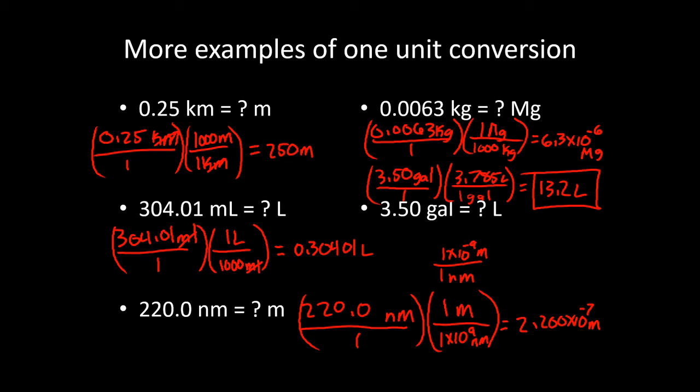But in the English system, none of the conversion factors are like that. They're all over the place. It's a different number of teaspoons in a tablespoon than there are tablespoons in a cup, than there are cups in a quart, than there are quarts in a pint, than there are pints in a gallon.